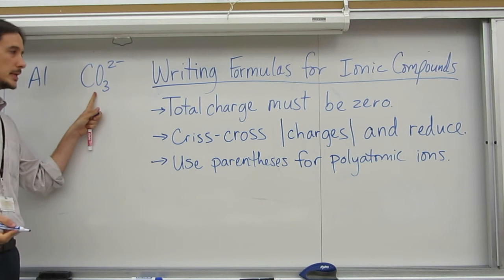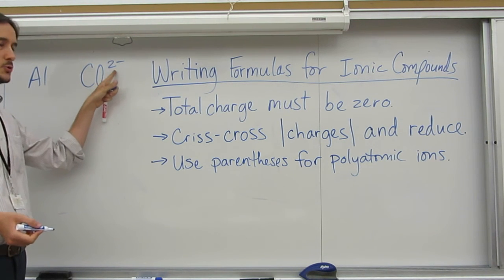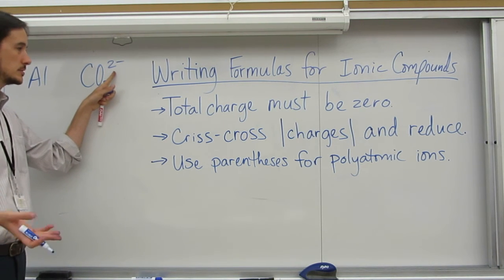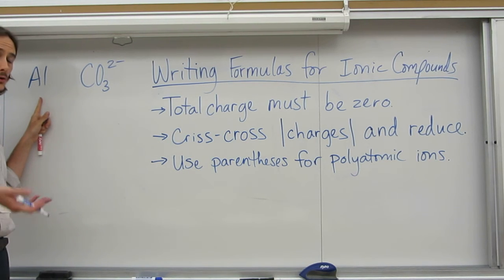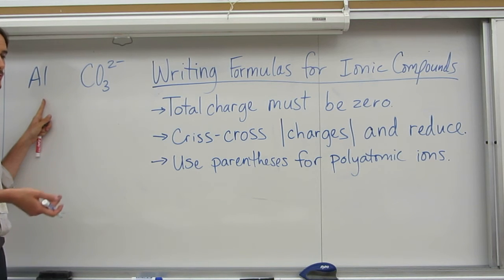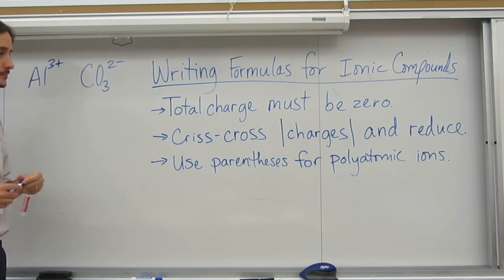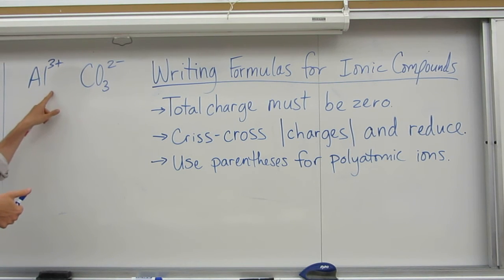For carbonate, you might not have that memorized yet, but you will. CO3 2- is carbonate. It's a very common ion. It's in your houses. You dealt with it in lab. Aluminum, you can find on your periodic table. It's element 13, and it's in group 13. So you predict 3+.